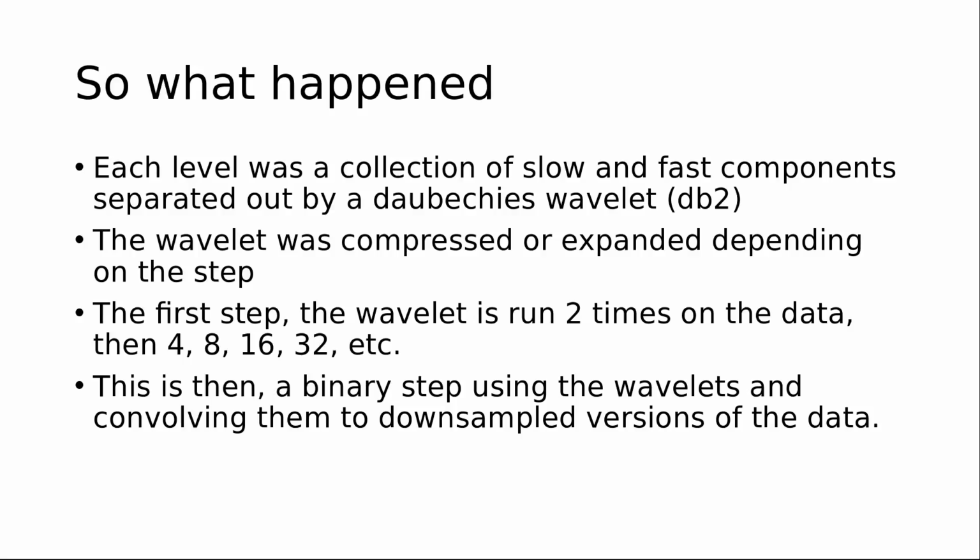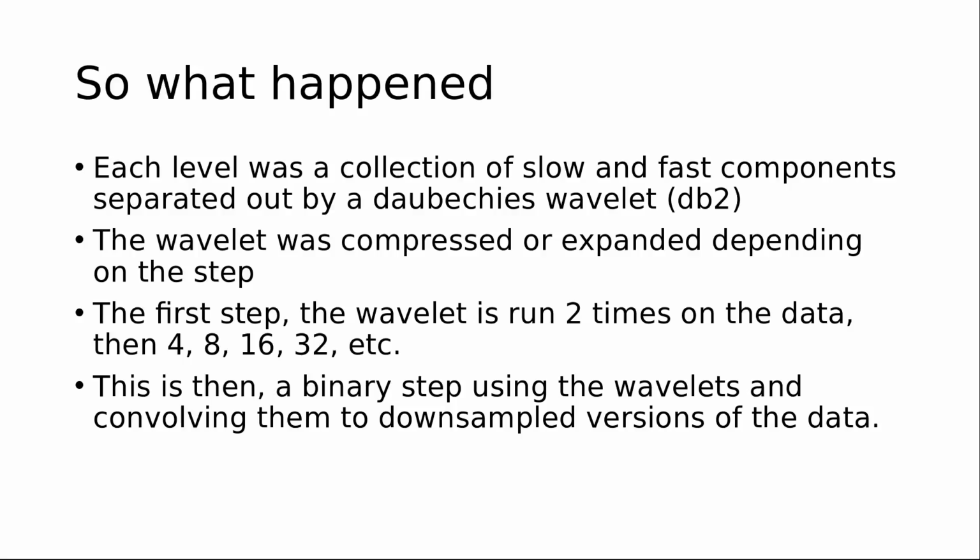The wavelet itself is actually kept the same size. So that's kind of a cheat, and it allows your wavelet to be expanded in a way, because it's the same exact size going over the same data, but the data has half the number of steps each time. So the first step, the wavelet is run 2 times on the data, then 4, then 8, then 16, and it continues like that. And you get so many steps on each one.